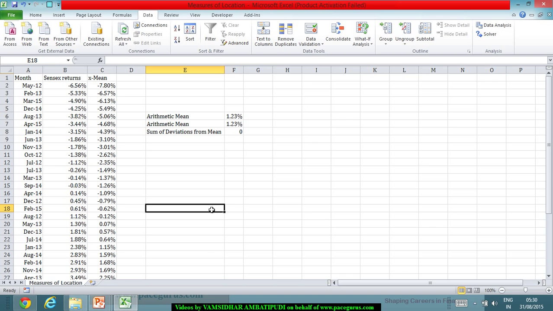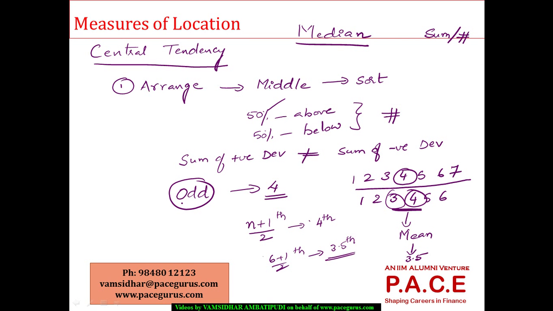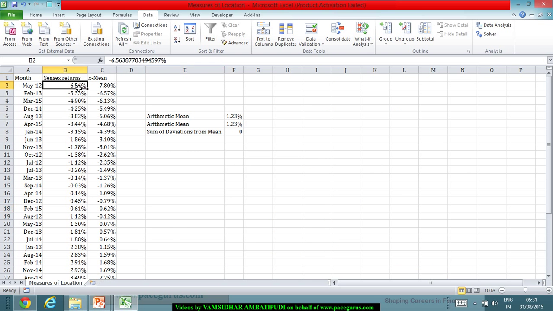Here also, if there are 36 elements, then 36 plus 1 by 2, the 18.5th element happens to be my median. So this is my 18th, right? This is my 18th, this is my 19th. Somewhere the average of these two should become my median.